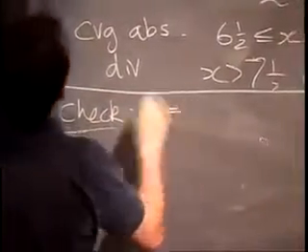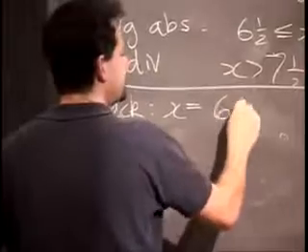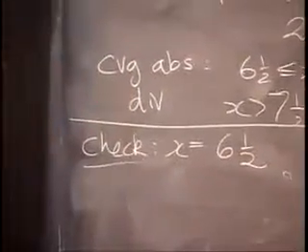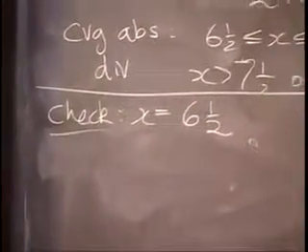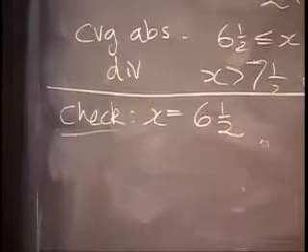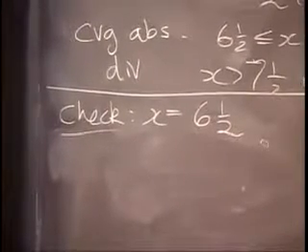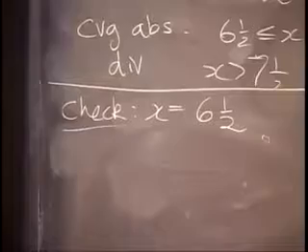So let's check x equals, say, 6.5. We've got to go back to our original series, which is sitting right at the top of the board there, and plug in x equals 6.5. Let's do it.